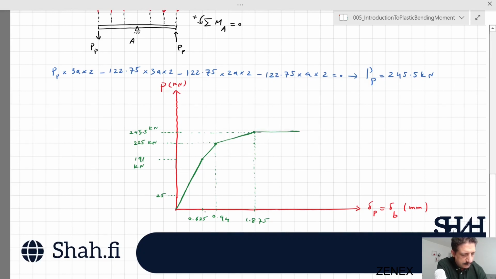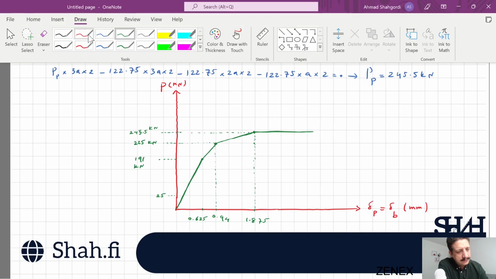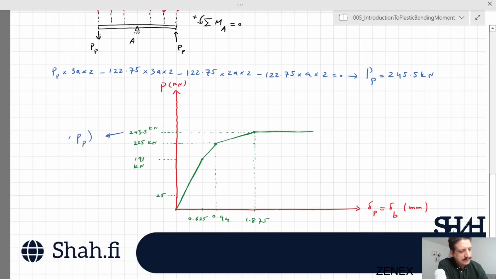And from here, the system is called a mechanism, meaning that there is no resistance. And this load is called the plastic load. And the minimum load, or the value at which the first element would yield, is called the elastic load. So these are the two main important definitions of elastic and plastic load.